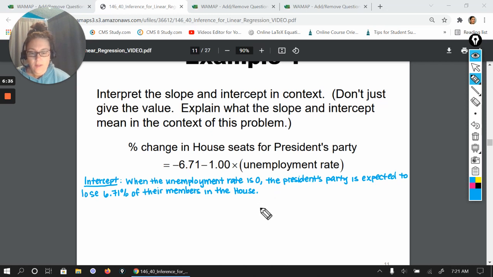Okay, again, this is an extrapolation, so we don't want to put a whole lot of faith in that number.